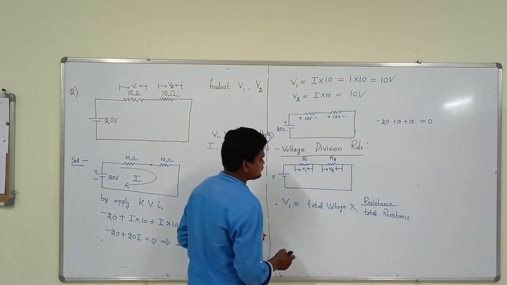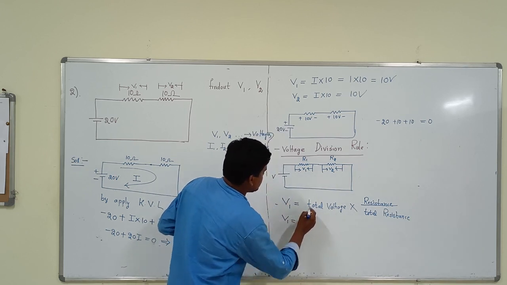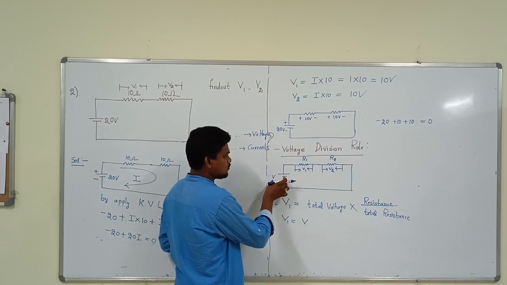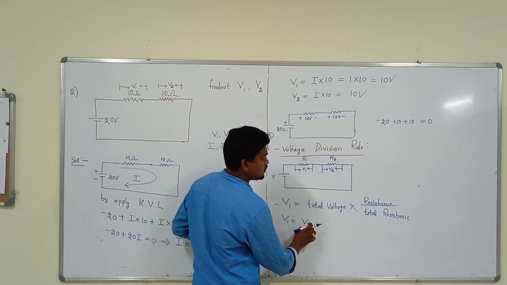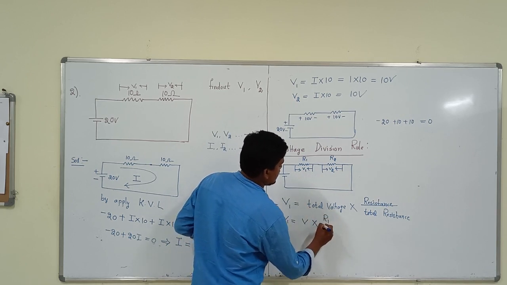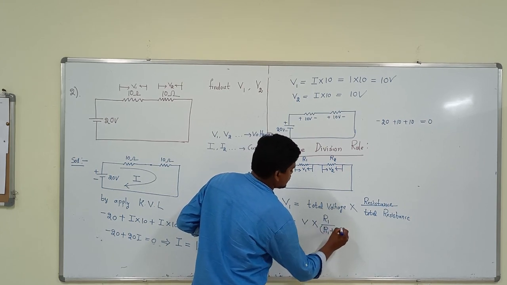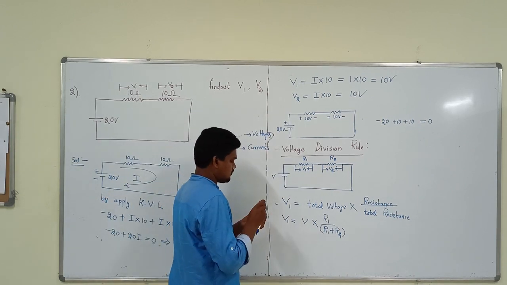That means look here, V1 equals, the total voltage is simply the source voltage. This voltage is supplying voltage to resistor 1 and resistor 2. Total voltage V into that resistance, R1 by R1 plus R2. This is the formula.